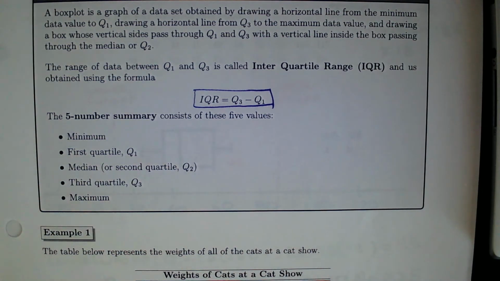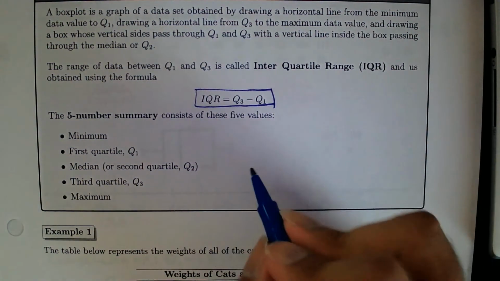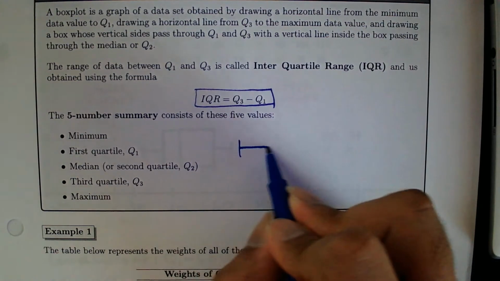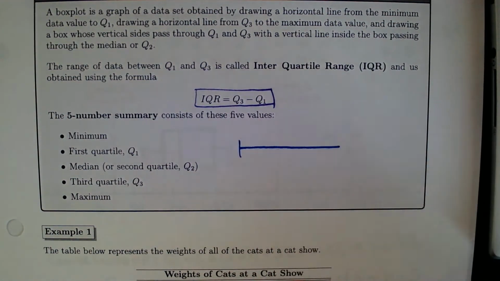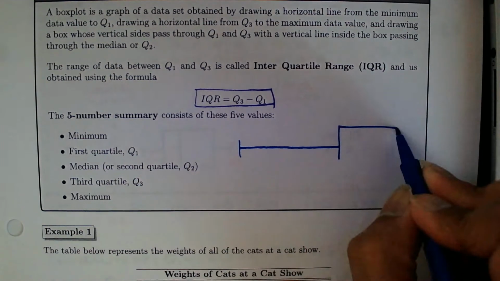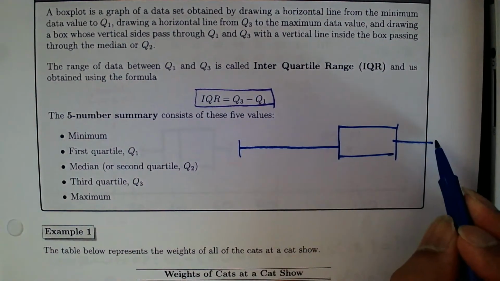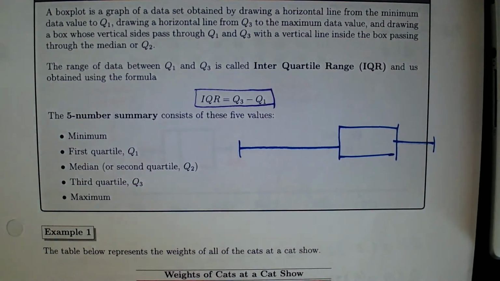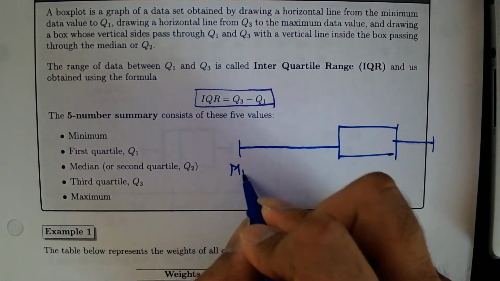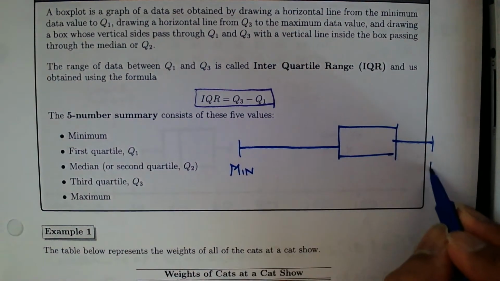Essentially, box and whisker plots are going to have this shape. Okay, just briefly speaking, I'm just going to draw a very rough graph. Here we're going to have the minimum. Here we're going to have the maximum.